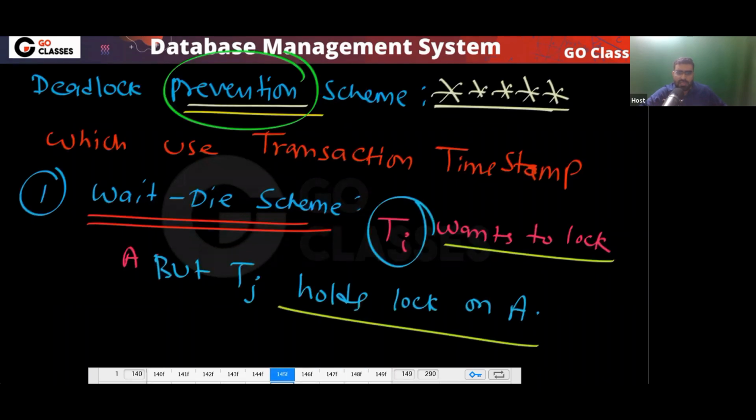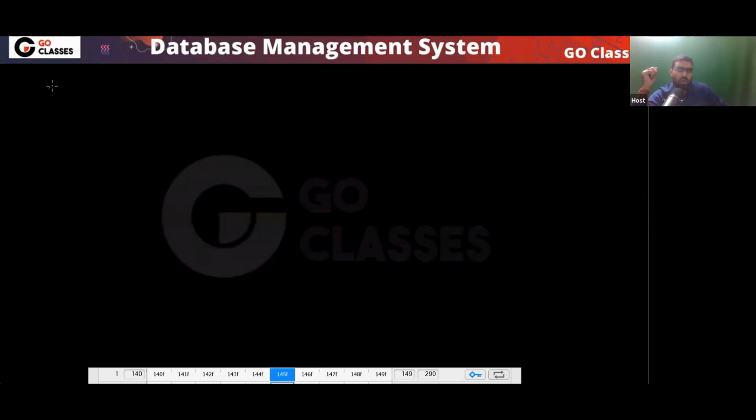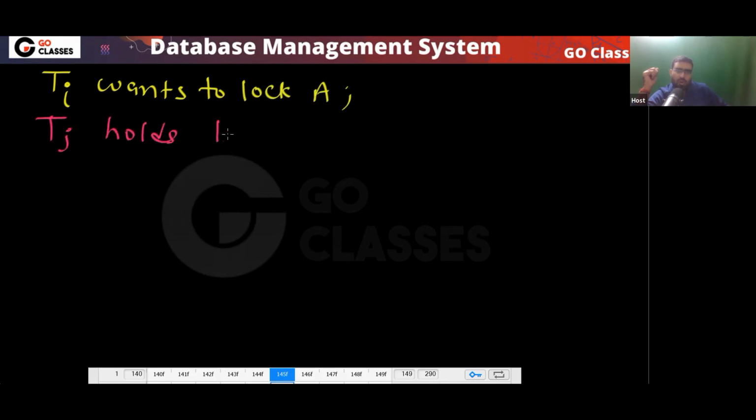Now you tell me a simple thing. Ti wants to lock A and Tj holds the lock on A. Now there are two cases. What is case one?